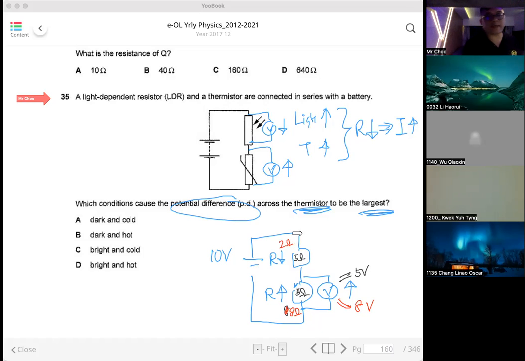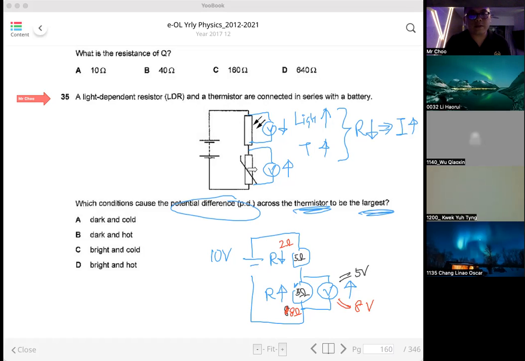So which scenario will give you a high resistance for the thermistor and a low resistance for the light dependent resistor? So far, none of you got it correct.